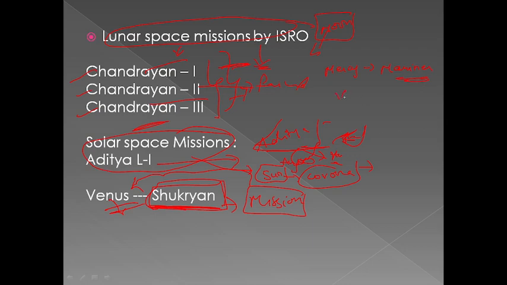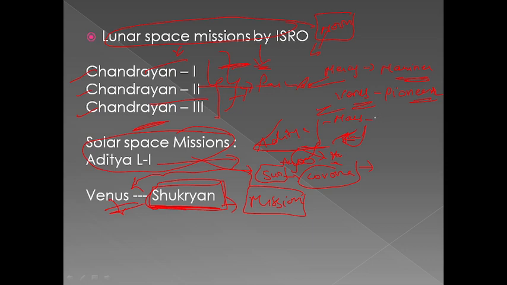For Venus we have Shukrayaan, which was planned by India, and also the US planned the Pioneer mission on Venus. And for Mars we have Mangalyaan, which is called MOM, the Mars Orbiter Mission.